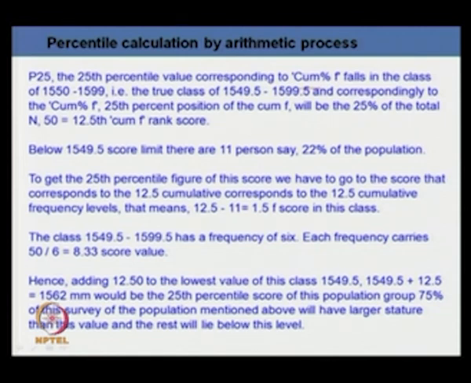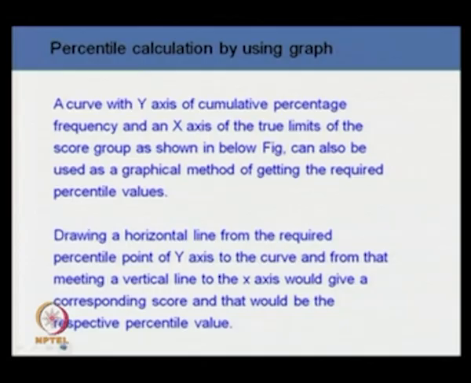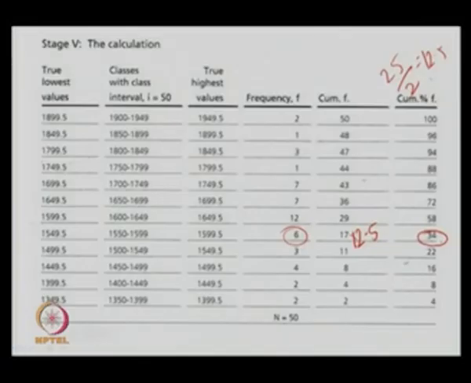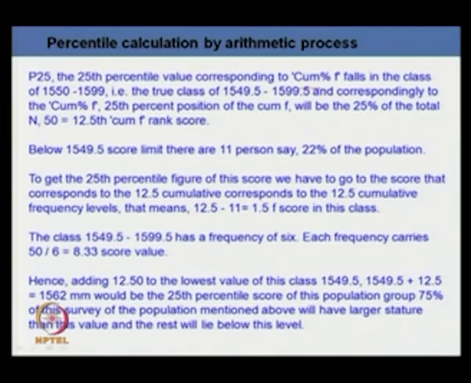So, with the lowest value here, if below this 11 were there, then this one plus the 12.50 coming from here, if we add it, 1549.5 plus 12.5 equals 1562 millimeter, which would be the 25th percentile score of this population group, where 75% of the surveyed population will have a larger stature than this value, and the rest will be below this value.